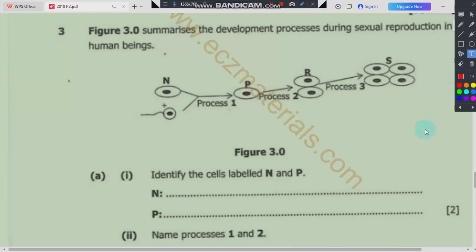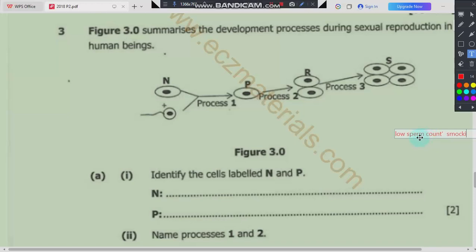So we have the low sperm count. That is number one. Another reason could be smoking. As someone is smoking, that is the one that is leading to this low sperm count.